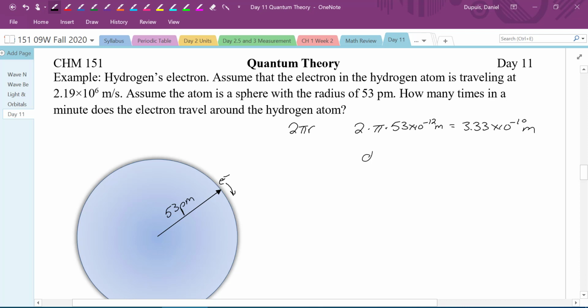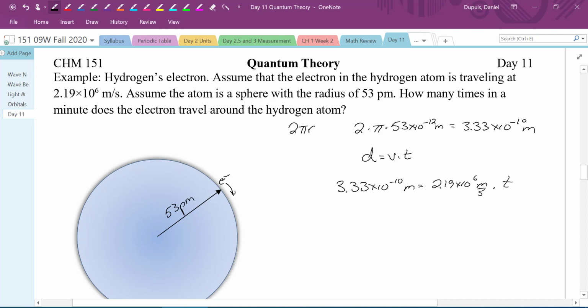Right? And if you remember, distance is velocity times time. So 3.33 times 10 to the negative 10th meters is 2.19 times 10 to the 6 meters per second times t.